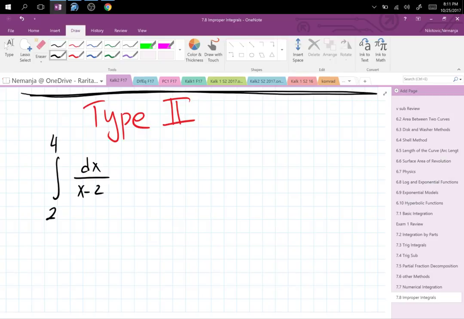And what do we have as one of our limits? 2. So that is the part where you must unleash your limit. You will make x approach 2 and replace that 2 with a. You will solve the integral with your ln and so on. And then you will apply the limit as a goes to 2. And then it will converge or it will diverge.